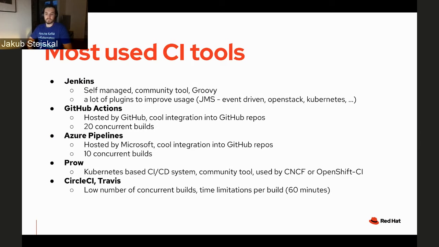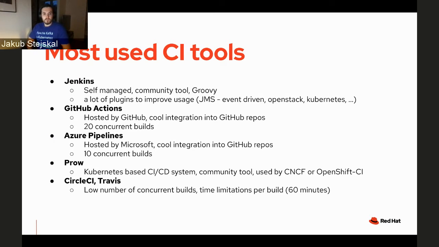You can chat with the bots with comments in your PR, and the bots will do the work you need, for example, merging the PR, running the tests, and so on. Prow is widely used by CNCF, which offers it to CNCF projects like Kubernetes, for example. And it's also used by OpenShift CI.